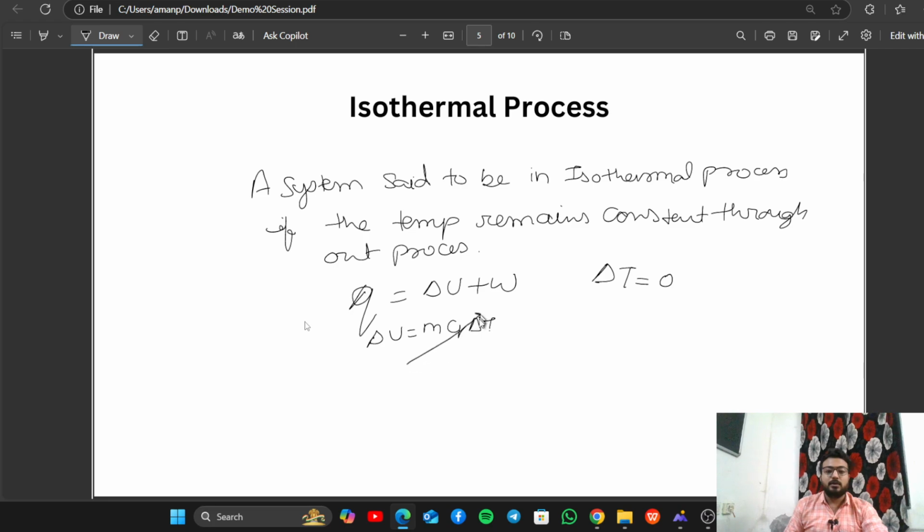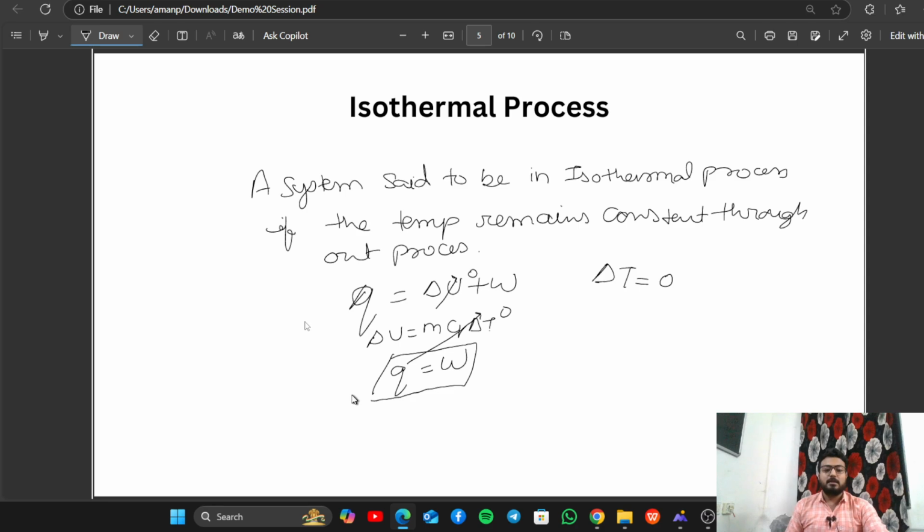So delta Q is equal to W. What does it mean? The amount of heat given to the system is equal to the work done by the system. That is what is meant by the isothermal process.